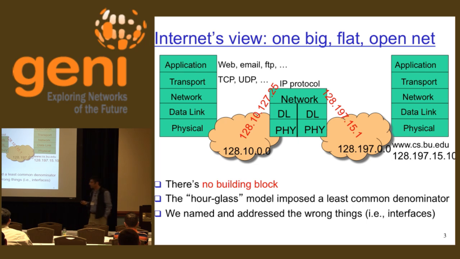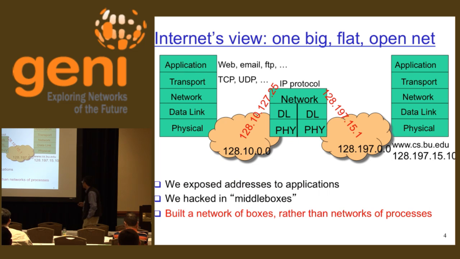So the IP address is actually a point of attachment address as opposed to an internet address. These addresses, the IP addresses and well-known port numbers through which you can access application services, have all been exposed to applications, so we subjected the network to attacks.